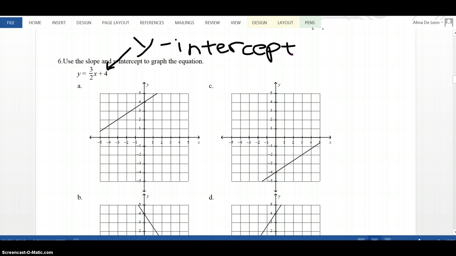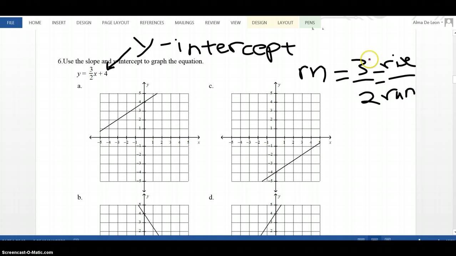A very important piece of information is slope, which we call m, is 3 over 2, which is the same thing as rise over run. So all of my y-intercepts need to be 4.